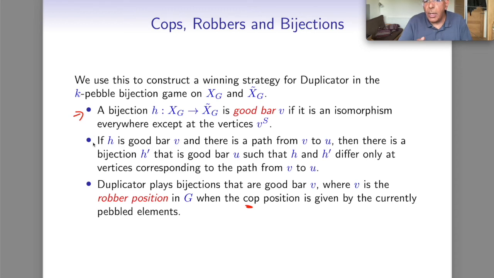And whenever spoiler moves pebbles, you treat that as a move of cops in the cops and robbers game, find a new position for robber, and along that path, apply the automorphisms of the gadgets to move the difference between xg and x tilde g into a new robber position, which is in some sense hidden from the pebbles. So the pebbled positions will always form a partial isomorphism, and that guarantees that this is a duplicator winning strategy.